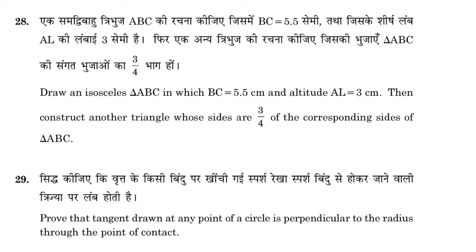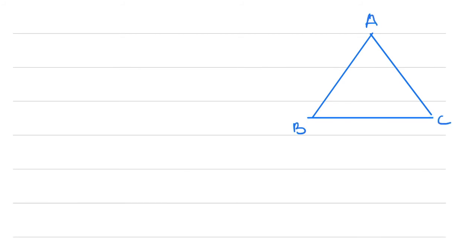28th question. In this question we have to draw an isosceles triangle ABC, with BC equal to 5.5 and AB equal to AC. Altitude AL is 3 centimeter.